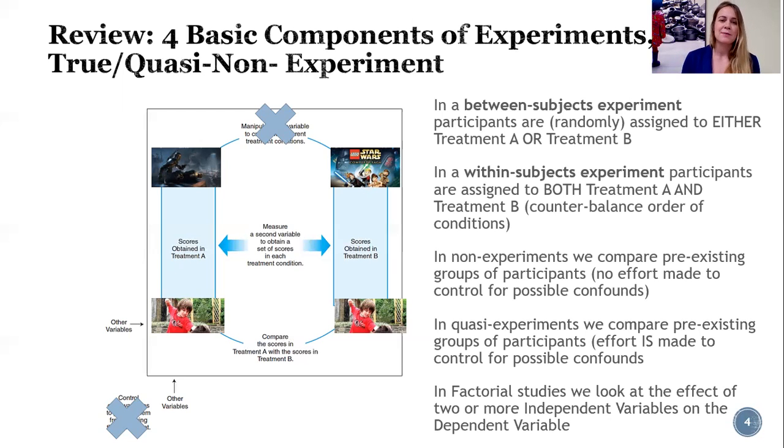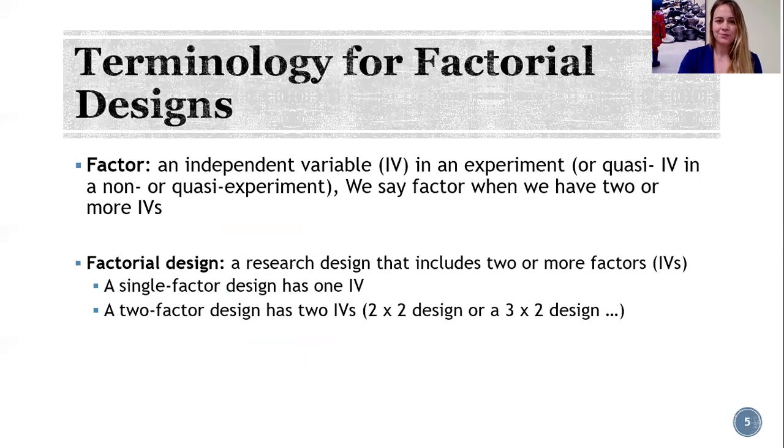So a factorial design means that we're combining multiple independent variables in the same study to see how those multiple independent variables affect our dependent variable. So in a factorial design, we still have that one dependent variable, but we have multiple independent variables.